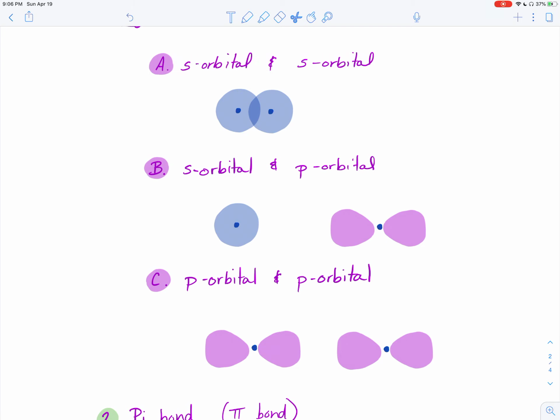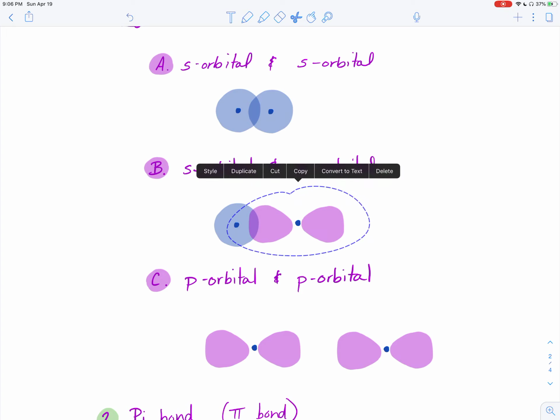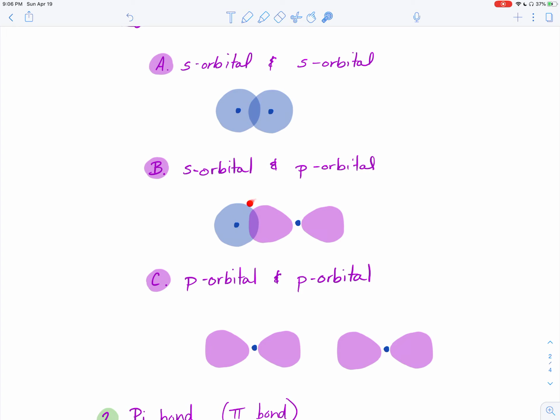You could also have an s orbital from one atom and one single p orbital from another. How that overlap would look is you would move the p over and you would have a space of overlap between the two, and that is where your covalent bond would be.